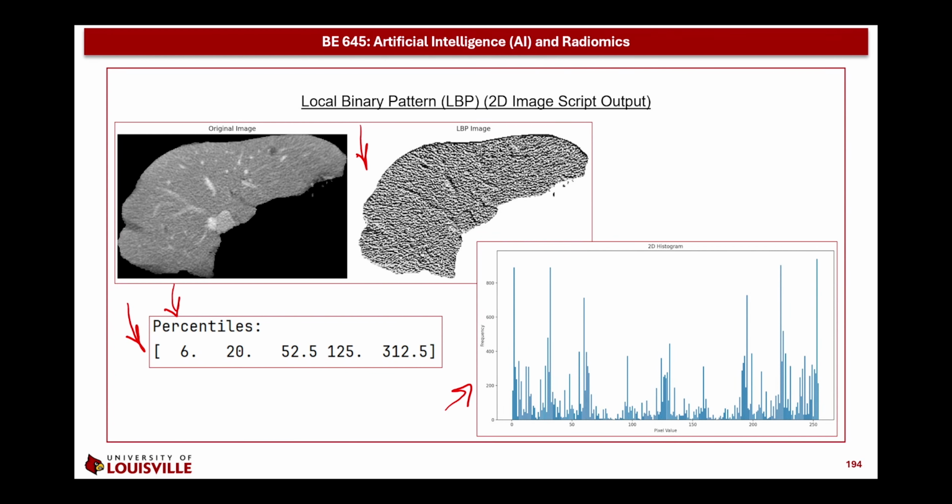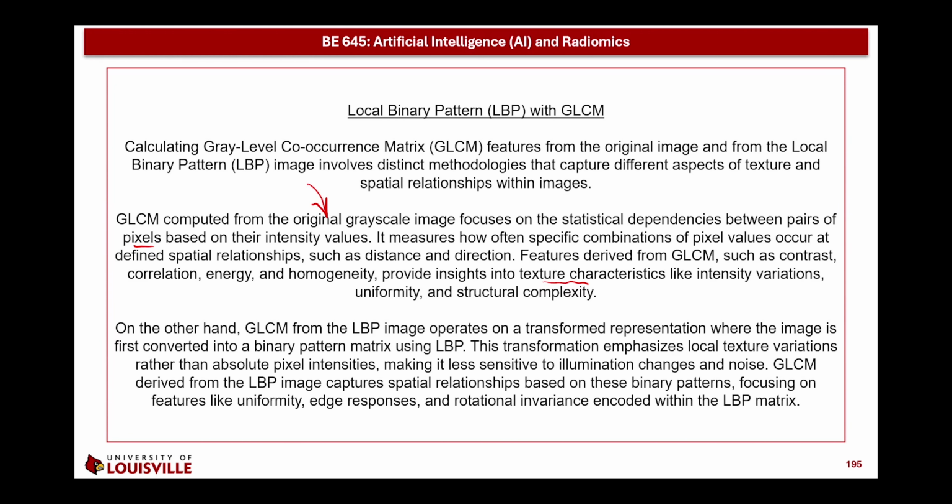If we compute the GLCM on the original grayscale image, we are focusing on the statistical dependencies between pairs of pixels based on different intensity values. So the features obtained from the GLCM of the original image provide insights into texture characteristics such as intensity variations, uniformity, and structural complexity.